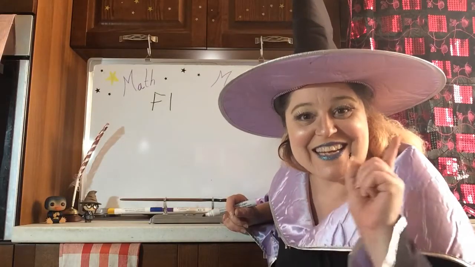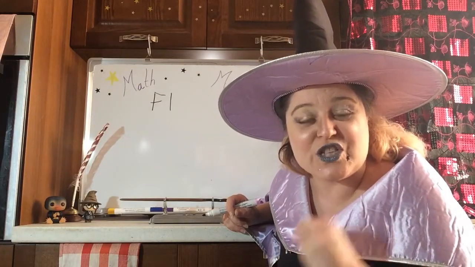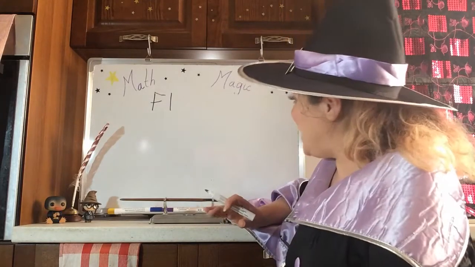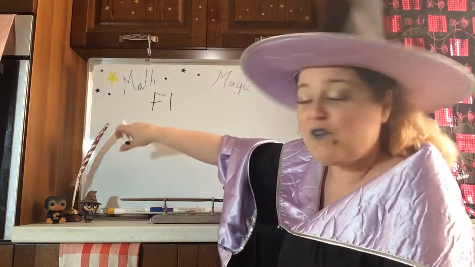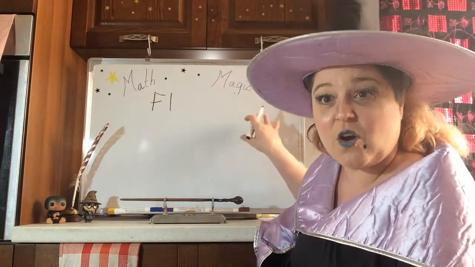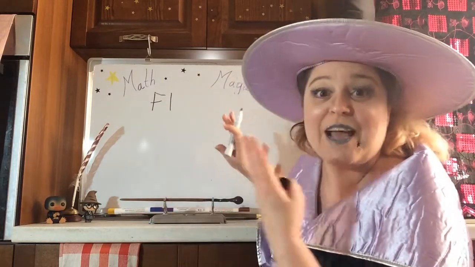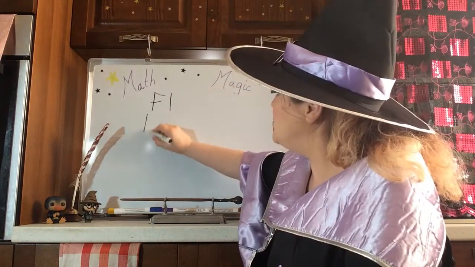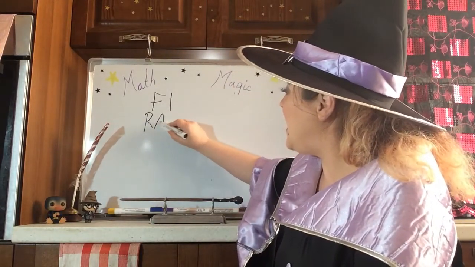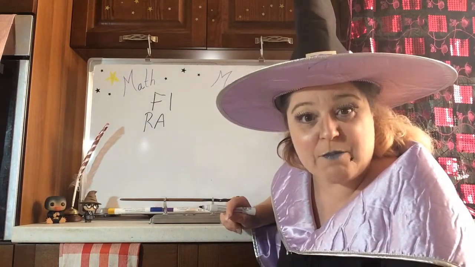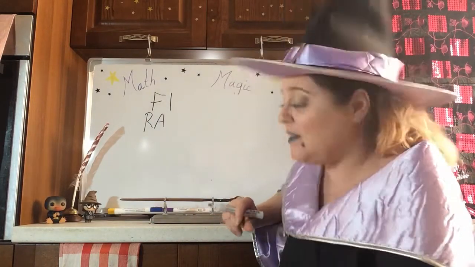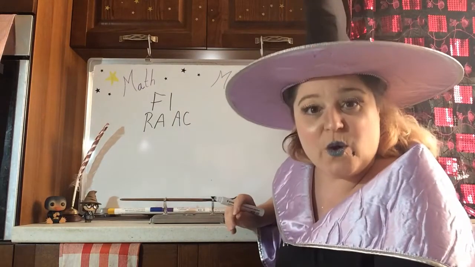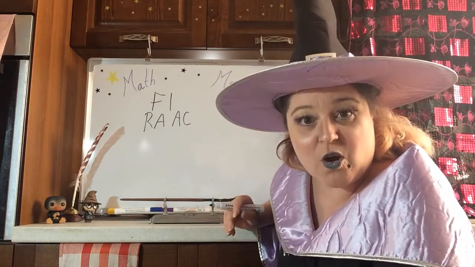Very good. He needs to make a right angle turn anti-clockwise. So, again, I don't want to write right angle turn anti-clockwise because that will take a lot of time and take up a lot of space, which is unnecessary. If I do an R and an A, I will know that means a right angle turn. And if I do an AC, I know that means anti-clockwise.